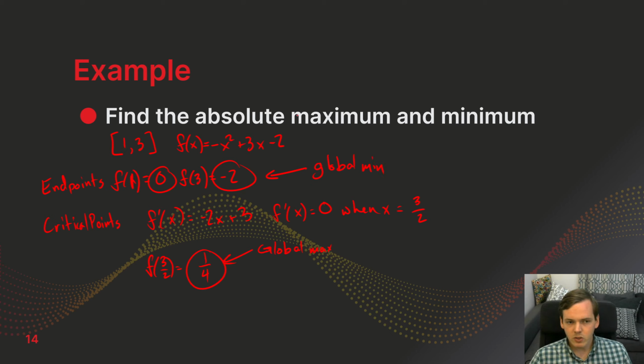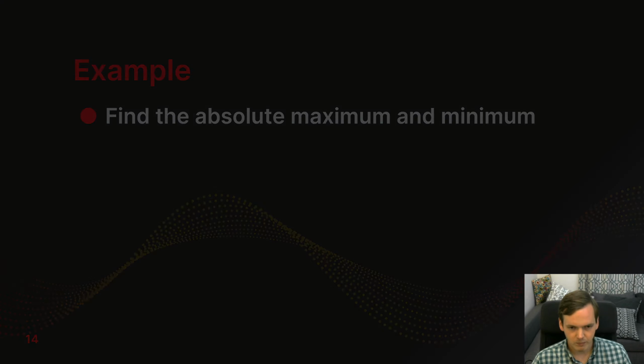So always when you're checking for global or absolute maxima and minima, check the endpoints and check the critical points, and then just see which is biggest, which is smallest, and that tells us our absolute maximum, our absolute minimum.